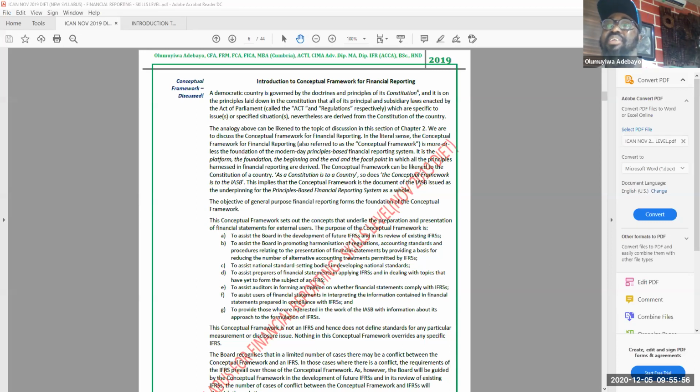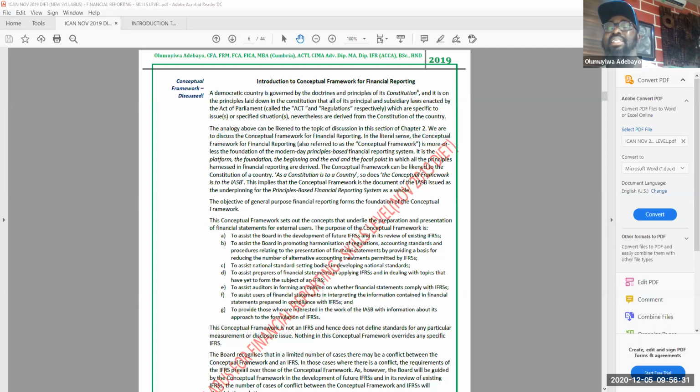Now, the Conceptual Framework serves the following roles, specifically as stated in the document. The first one we need to consider is that it assists the IASB in the future development of accounting standards. That's why at every point in time, standards are set in such a way that they draw their principles from the Conceptual Framework, so that they align with the general principles of financial reporting as contained in the Conceptual Framework.